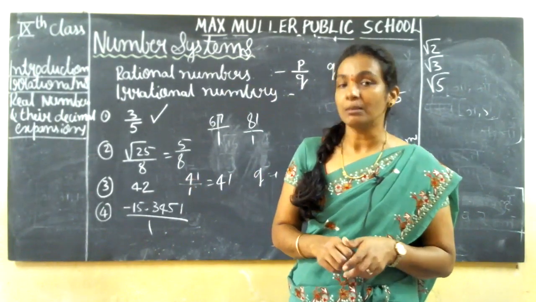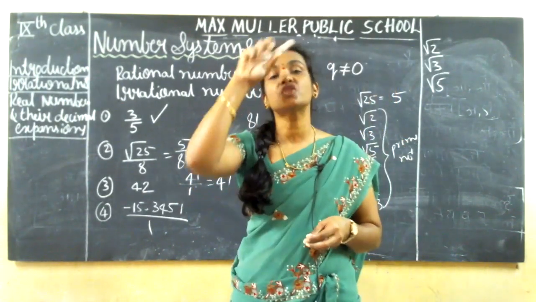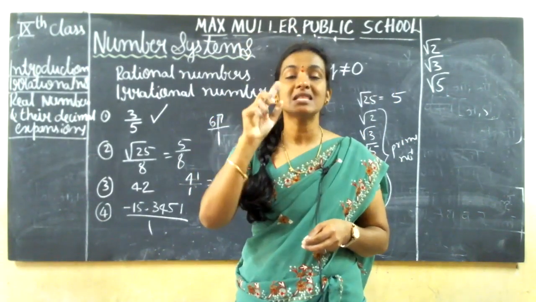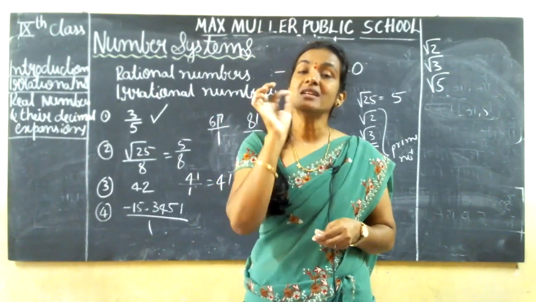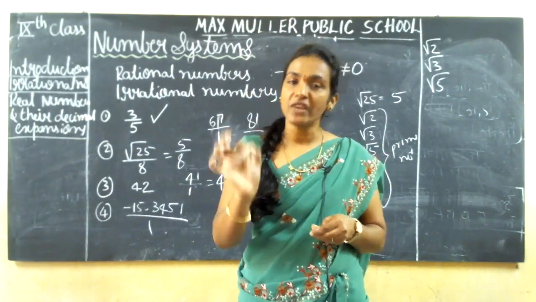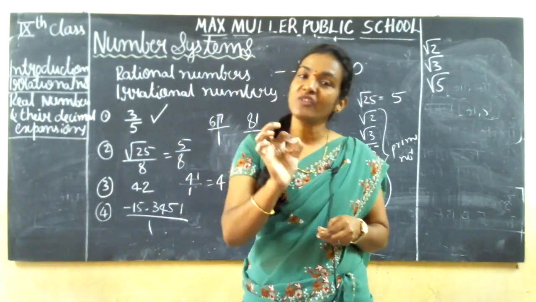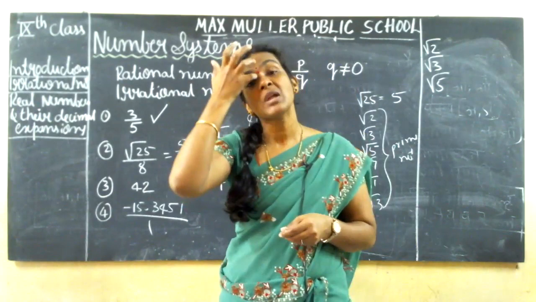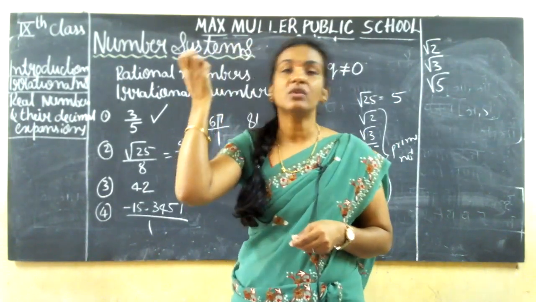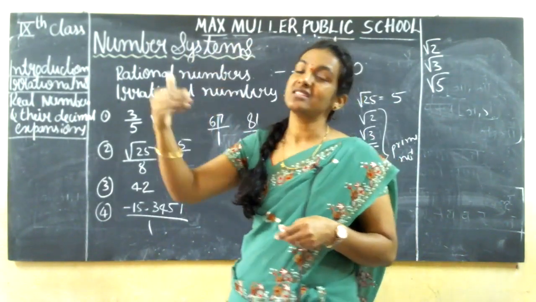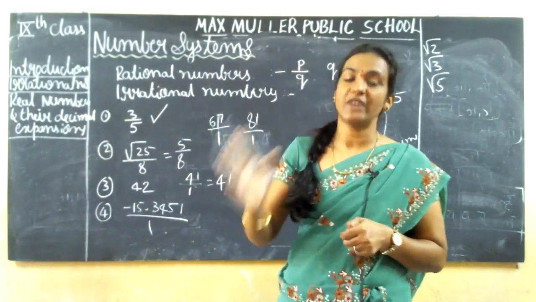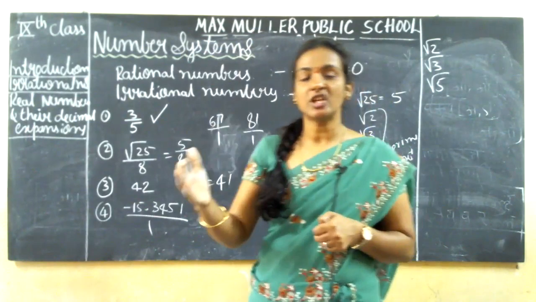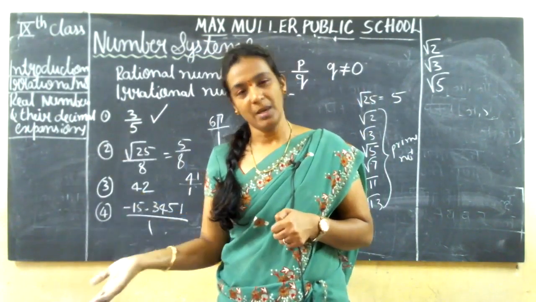Whenever you get numbers inside the square root, you have to focus on the number under the root, whether it is a perfect square or not. If it is a perfect square, then you can take it out of the square root and write it as a rational number. And if it is not a perfect square, then you can think of it as an irrational number.